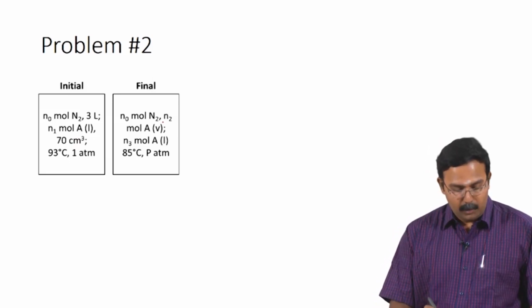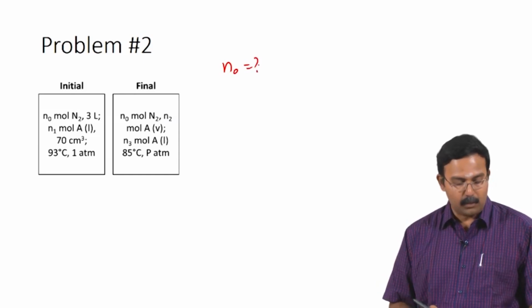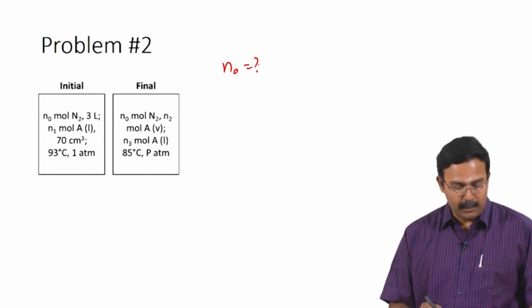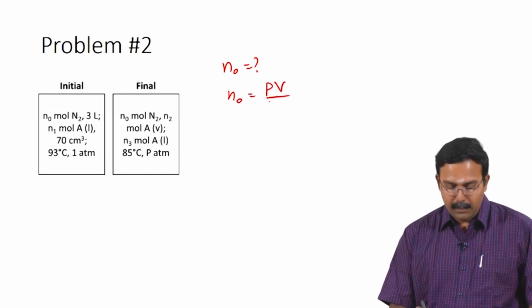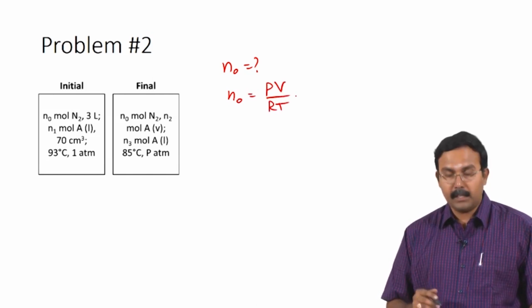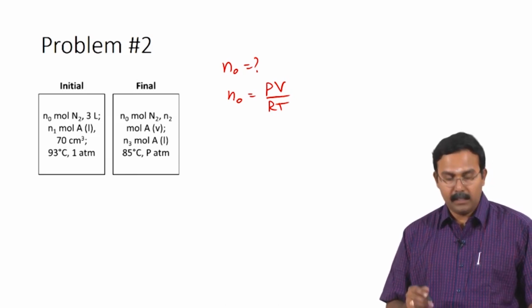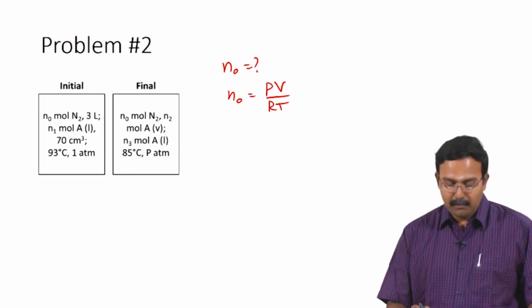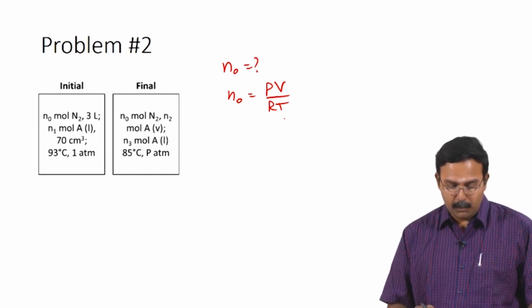First, to calculate N0 moles, we have to use the ideal gas law. Assuming ideal gas behavior for nitrogen, we can calculate N0 as PV by RT. We have been told that the temperature is 93 degrees Celsius, which means the temperature T would be 93 plus 273 Kelvin, and you have volume as 3 liters, R would be 8.314 and pressure P is 1 atmosphere.